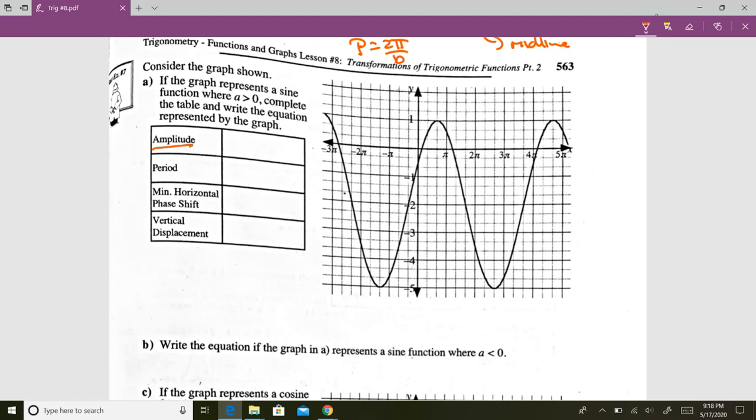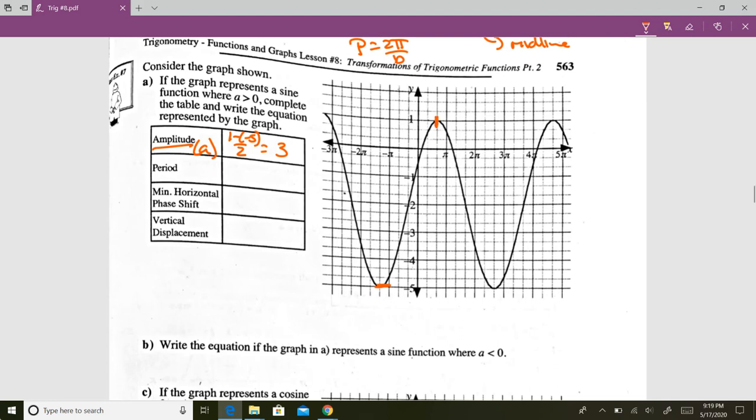Amplitude of this graph. Max is 1, min is negative 5. 1 minus negative 5 over 2 is 6 over 2, which is 3. And that's our a value. Period. This can be a little tricky, but we did it in the last one. Period is peak to peak, right?